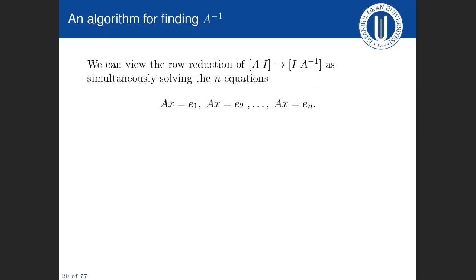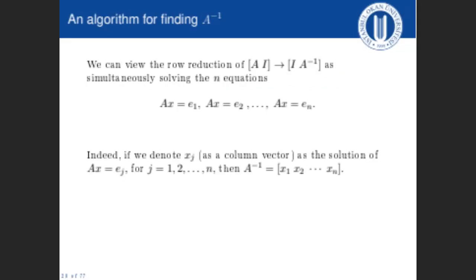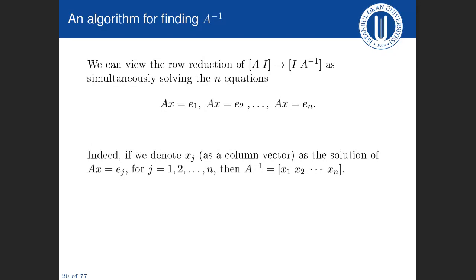We can think of the row reduction of A I to I A inverse as simultaneously solving these n equations: Ax is e_1, Ax is e_2, Ax is e_n, etc., using the ideas from the first lecture. Indeed, if x_j is the solution of Ax equal to e_j, then A inverse must be first column x_1, second column x_2, and so on.